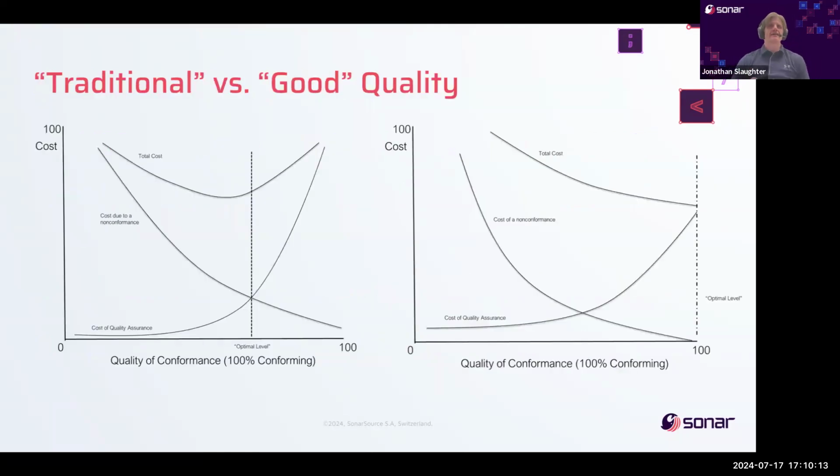The idea around good quality versus traditional quality really comes from the concept of a cost-benefit analysis. Most people, on the left, you'll see that traditional quality model in which the decision is made that says, here is an optimal level of quality, because in order to implement anything further, it's actually going to cost us more money, and we're not going to get the same return on investment.